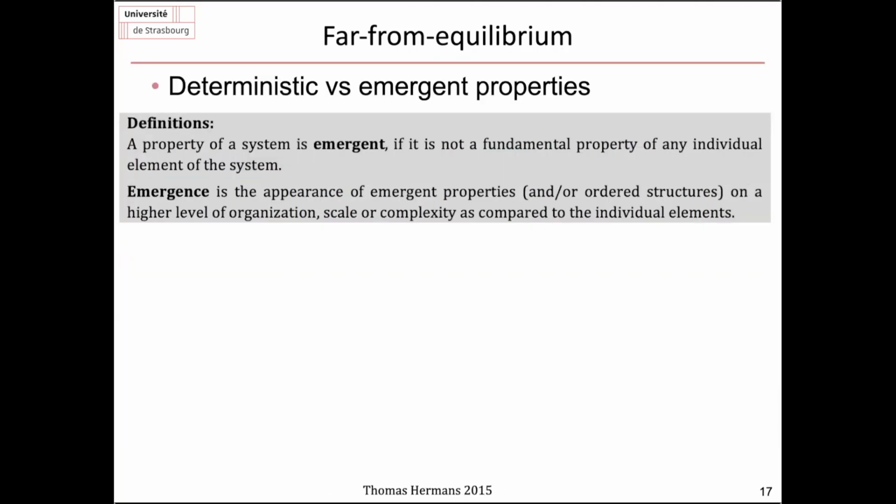Okay, so now we come back to emergent properties. What is an emergent property? This is one of the definitions. It's important that this is not a fundamental property of a single element of the system. If you think about a rabbit, you need a male and a female rabbit, otherwise you will not get population dynamics. You need many rabbits in order for self-organization to work in that case, and to have emergent properties like oscillations in time.